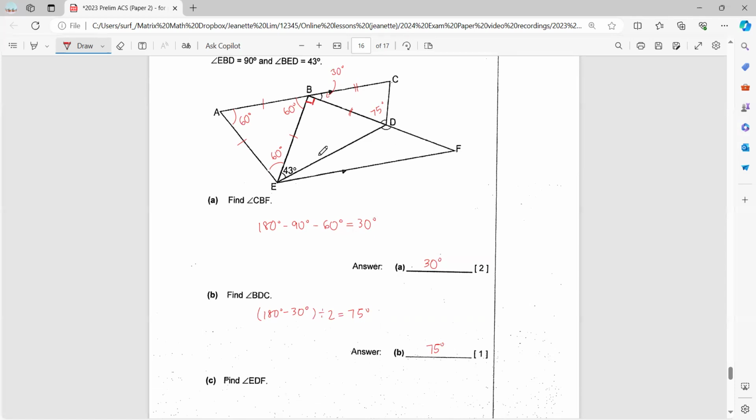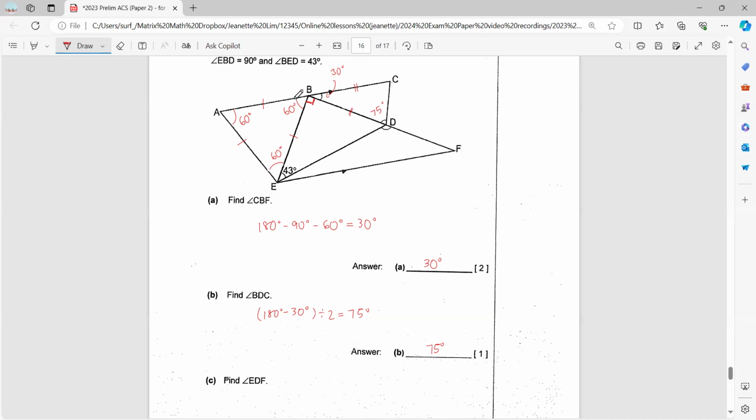Next, find EDF. Okay, so to find angle EDF, since this is a straight line, what I'll do is I will find this angle here, BDE, and then 180 minus that.